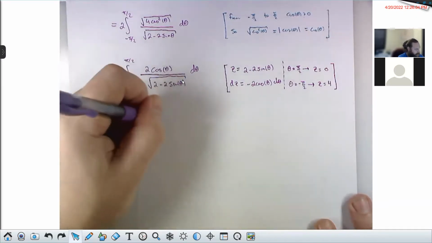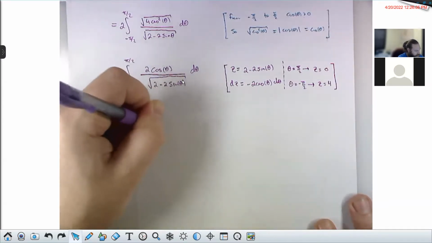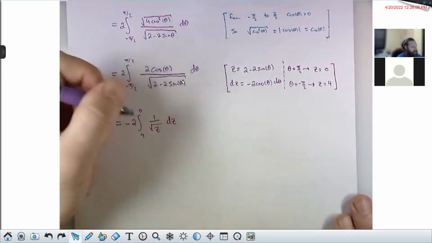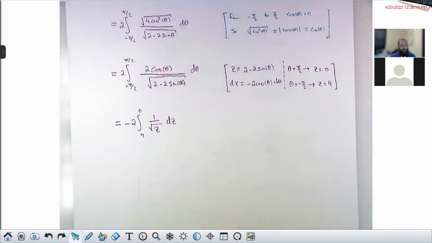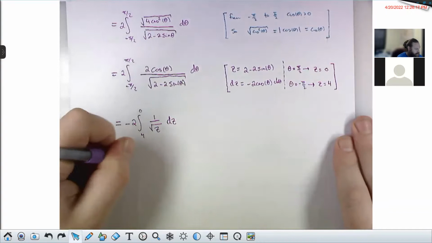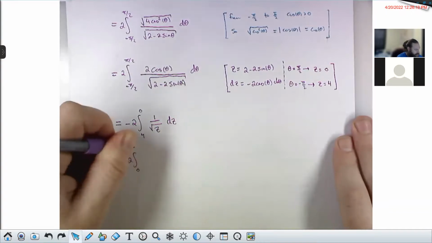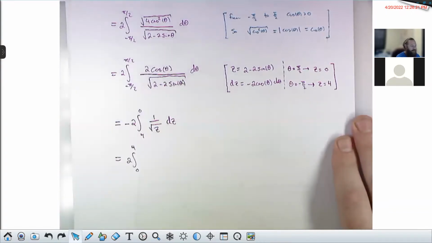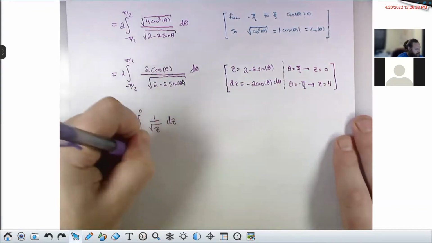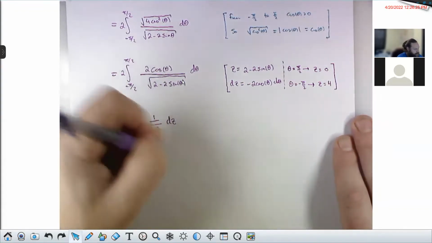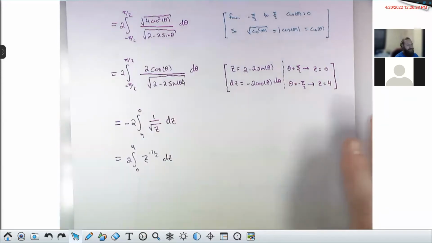All that's left is 1 over the square root of z dz. We can flip the bounds over to suck that negative back in, like this. And then 1 over root z is z to the negative 1/2. dz is still dz.